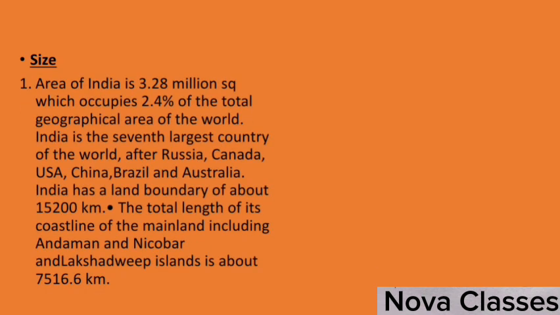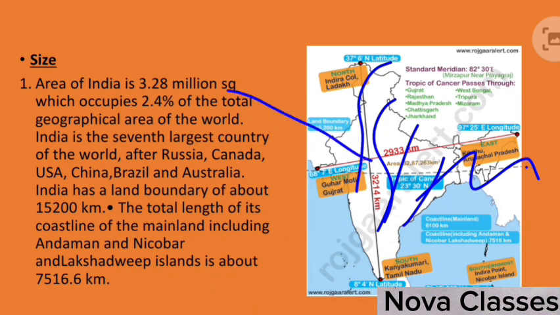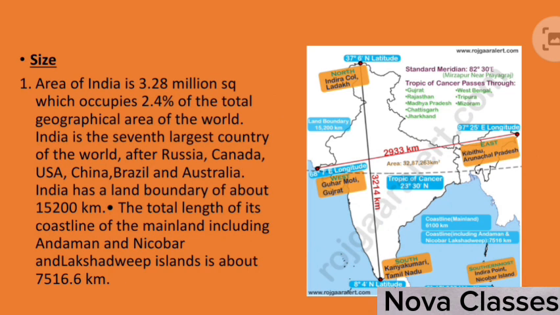India is a large country, and if we talk about the area of India, it is 3.28 million square kilometers, and it occupies around 2.4% of the total geographical area of the world. So the total area is 3.28 million square kilometers, and that is 2.4% of the total geographical area.